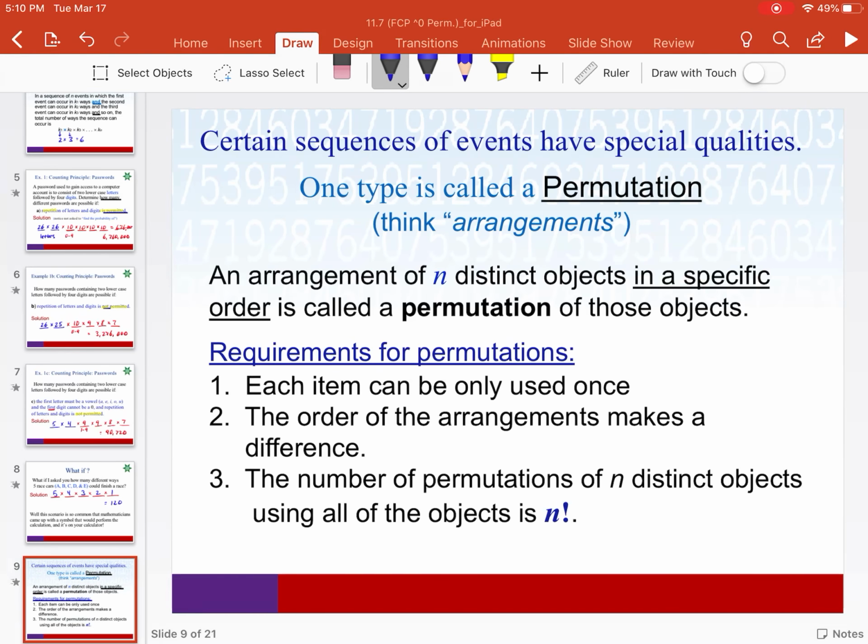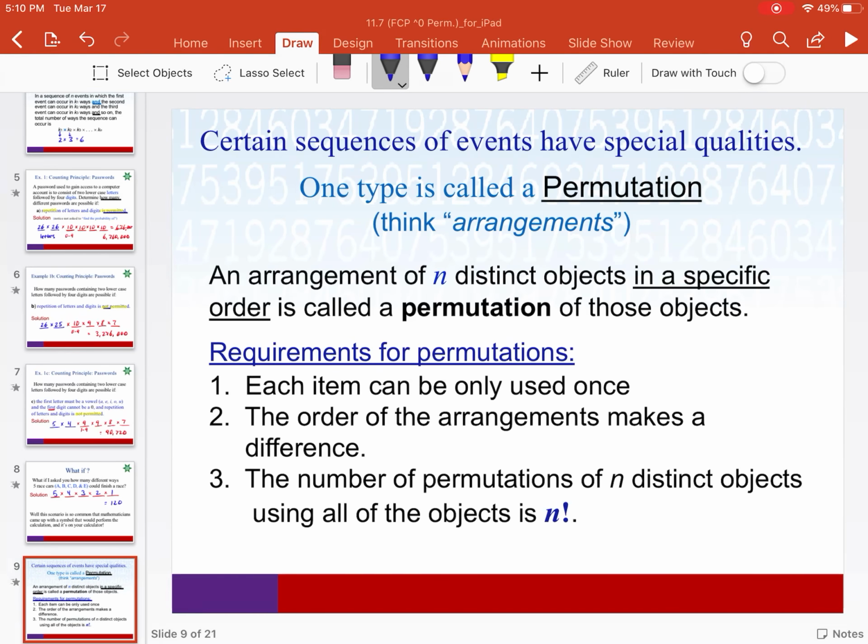The exclamation point, just like a square root, is an operation in mathematics. So 1 factorial is 1, because there's nothing else to multiply it by. 2 factorial is 2 times 1. 3 factorial, notice how the numbers get smaller each time. 4 factorial. And the one we did earlier was 5 factorial, and we got 120.